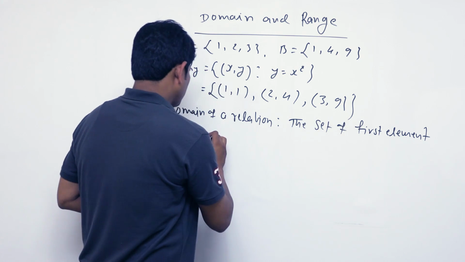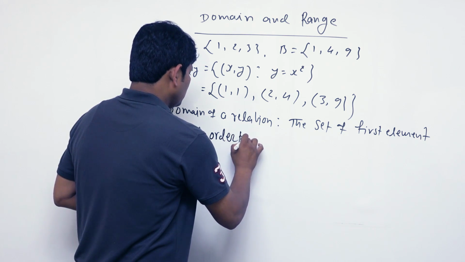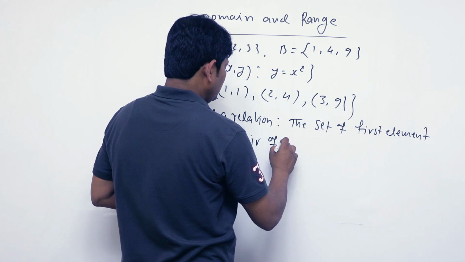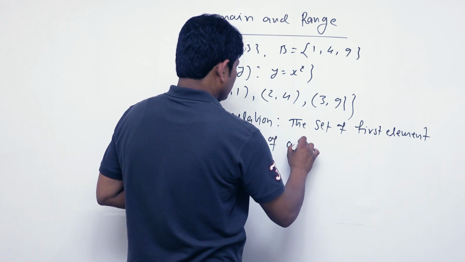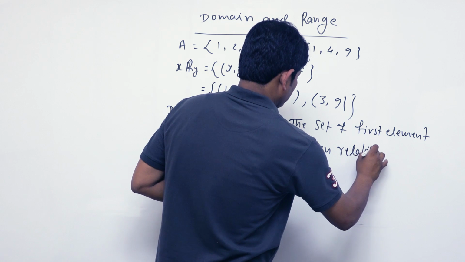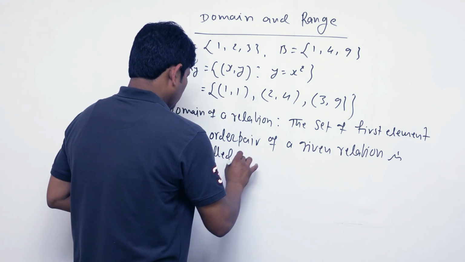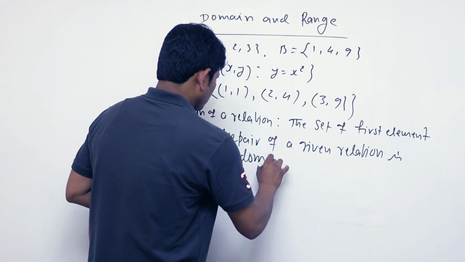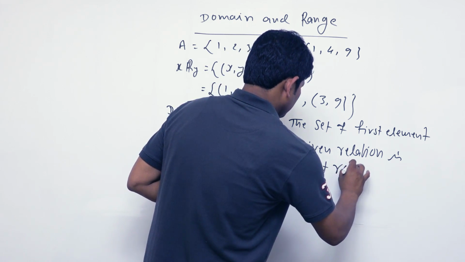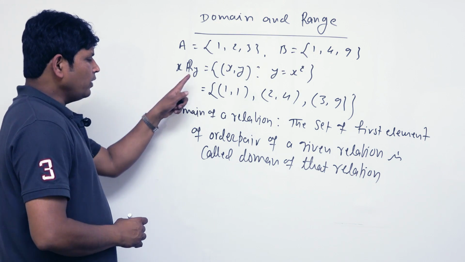The set of first elements of ordered pairs of a given relation is called the domain of that relation. Domain of that relation.